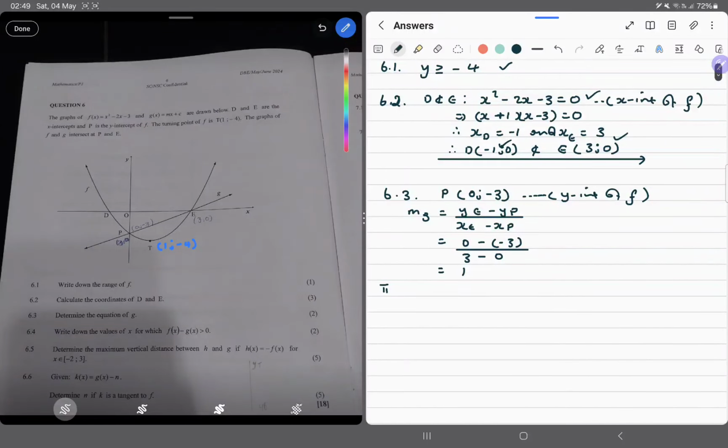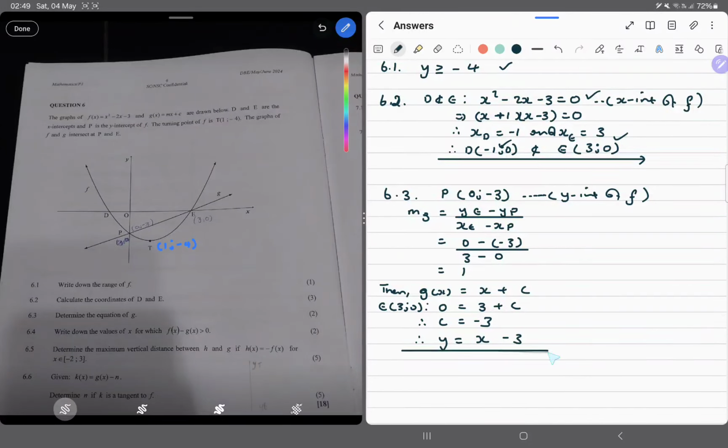We can say then g of x is going to be equal to x plus c. Then through this point E, any one of them actually, (3; 0), it is such that 0 is equal to 3 plus c. I don't know why. P is the y-intercept, we should have seen that. Why do I like to do a back and forth? But it doesn't hurt.